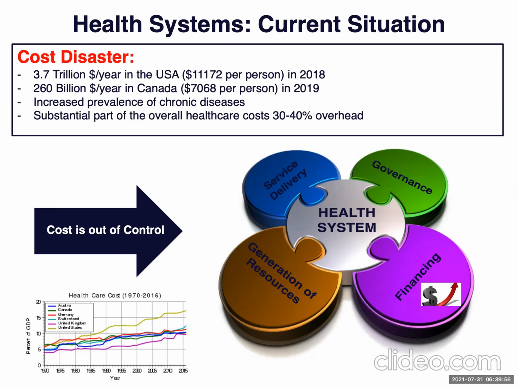Overhead is all the cost that is not going directly into the service that is touching the patient. So it's IT, resources, and all kinds of other infrastructure that is not directly linked to the healthcare service, but is a support service. IT and AI are there to try to reduce that overhead.